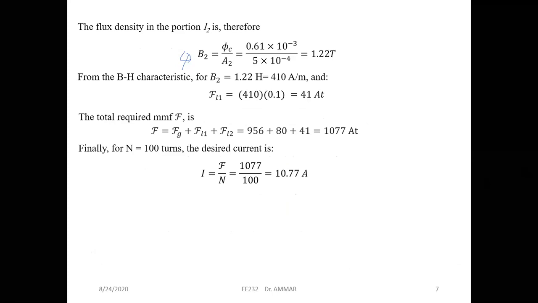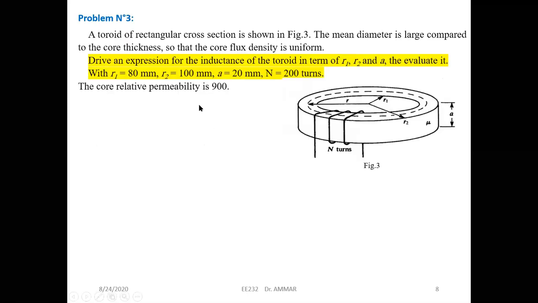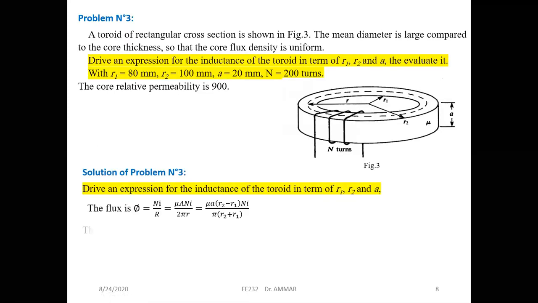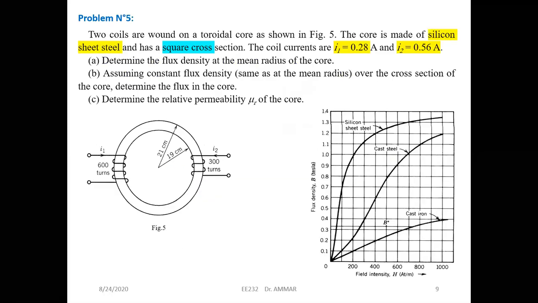The current required to create 0.6 Tesla in the air gap is 10.77 ampere. I'm going to stop here. I was expecting to finish the third exercise.